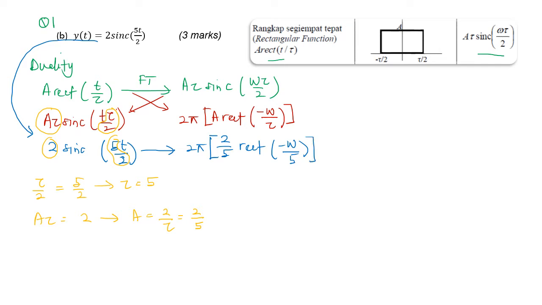So this is your Y(omega). Therefore, Y(omega) equal to 4 pi over 5 rectangular of negative omega over 5.